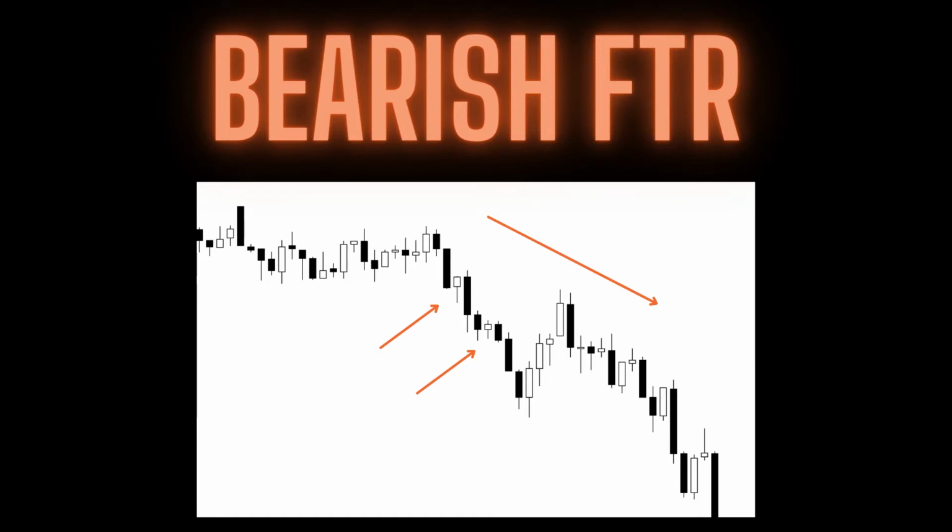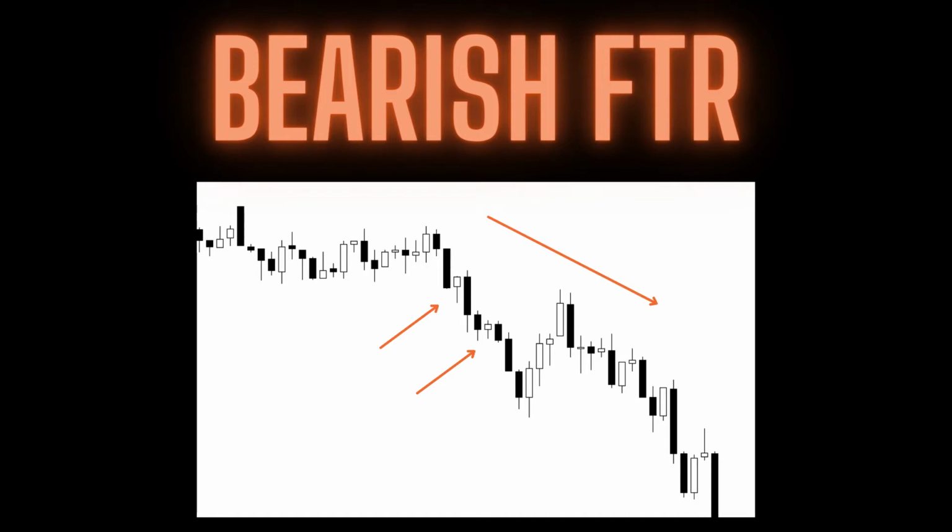Because you know price is in momentum, and basically this is like a little trap for traders who think that price is going to continue going up, but instead it's going to continue going down. So there are the two ways. Actually, there's another way, which would be at the break of the FTR candle. That's kind of an intermediate way to trade it, because you're basically entering with the momentum.